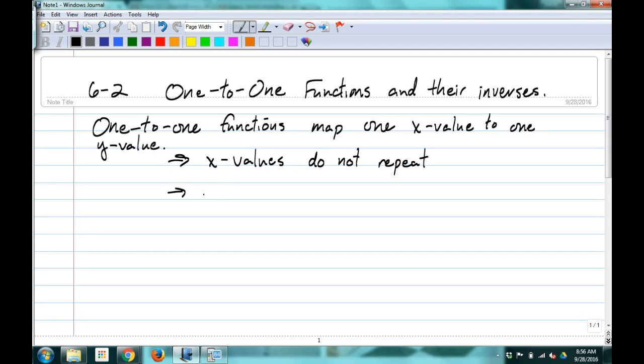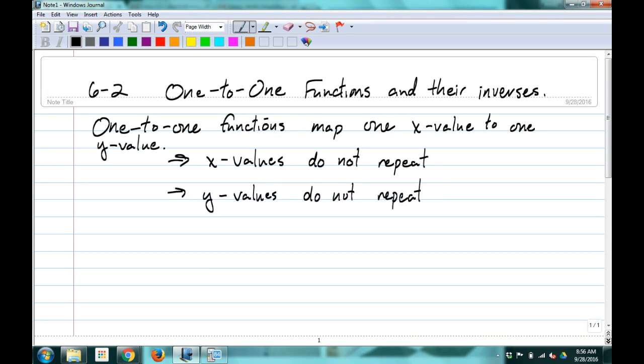And then also y values do not repeat. So to be a one-to-one function means your x and y values, neither of those repeat. It's one x to one y, and that's the one-to-oneness of it.